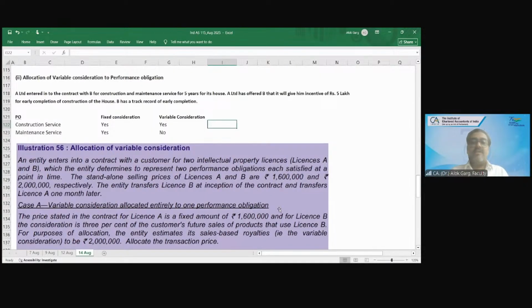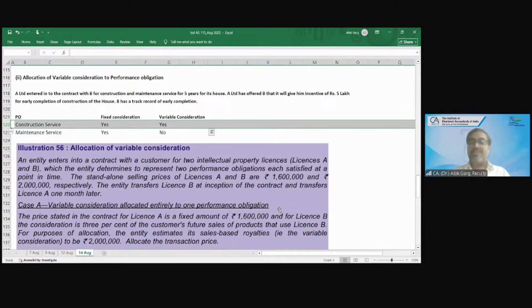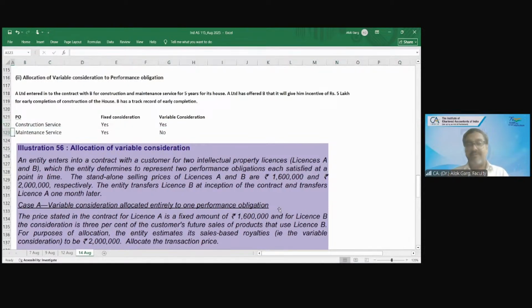This variable consideration is only related with the construction service. So when you compute the transaction price of the construction service performance obligation, then you should take into account 5 lakh rupees, which is related to construction service. But when you do maintenance service, then only fixed consideration, no variable consideration.